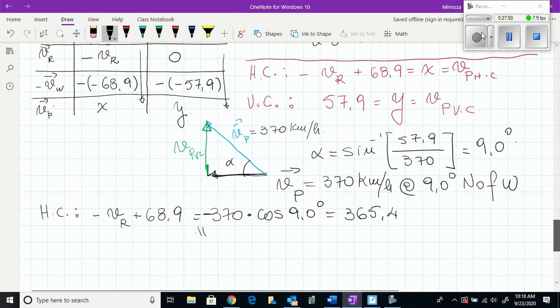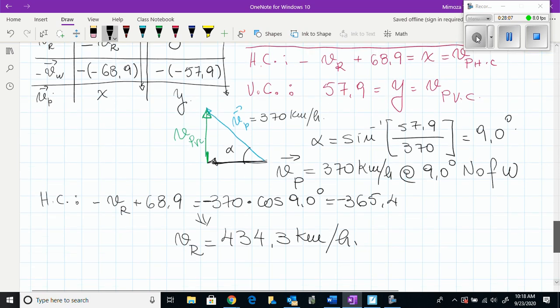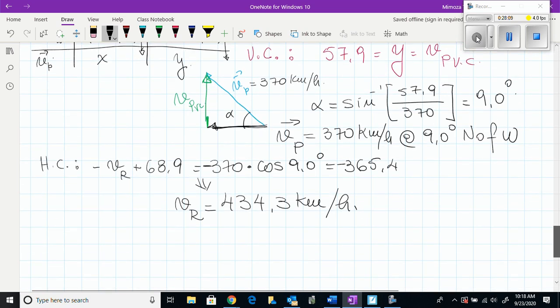So from here, we find that the resultant velocity is 434.3 kilometers per hour. If you write it as a vector, then it will be west, or negative. The calculations here will tell you that it is negative.